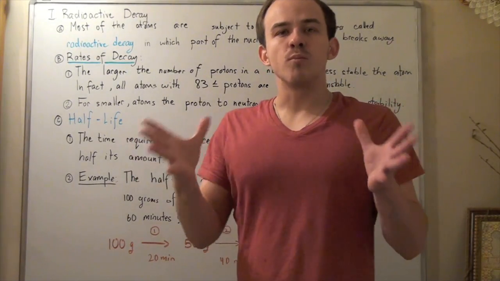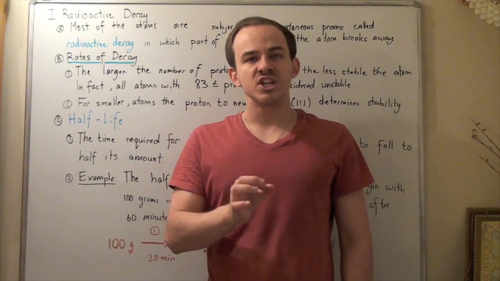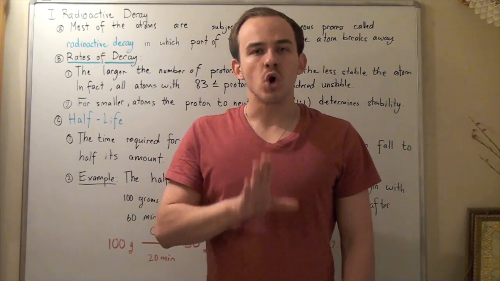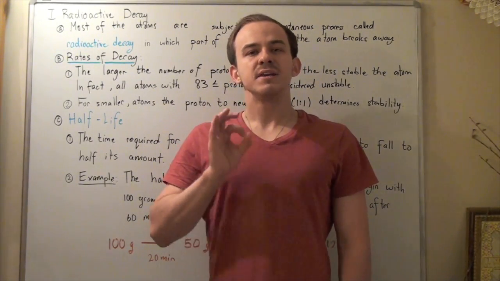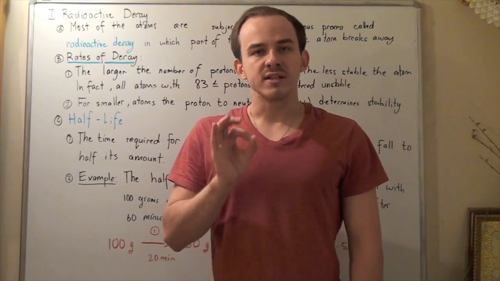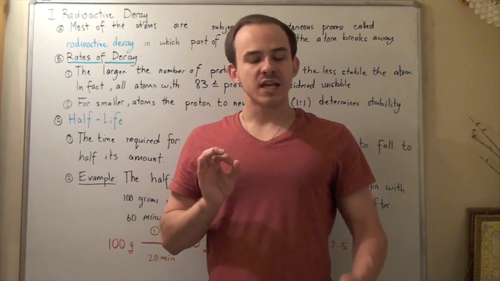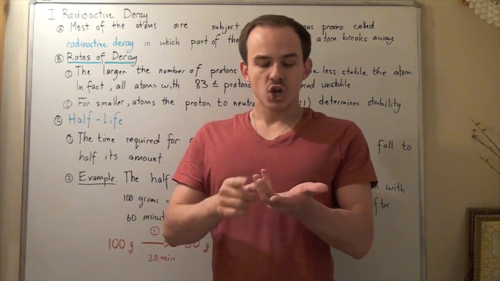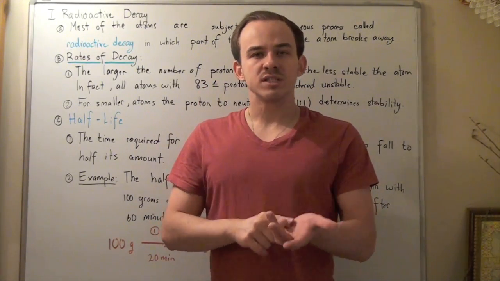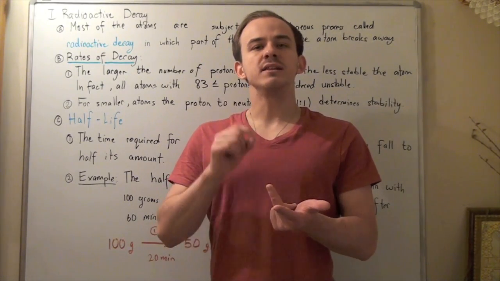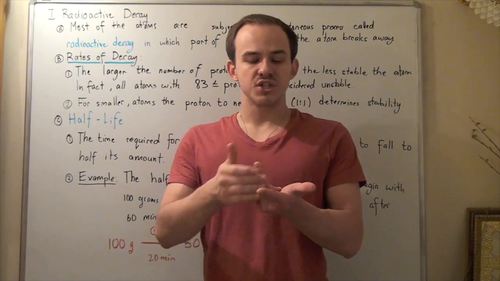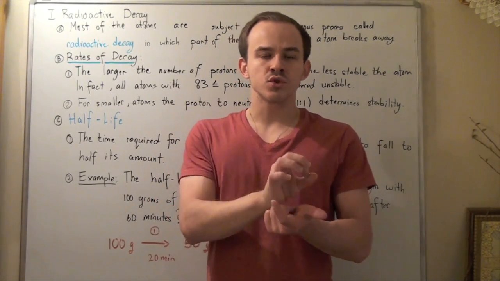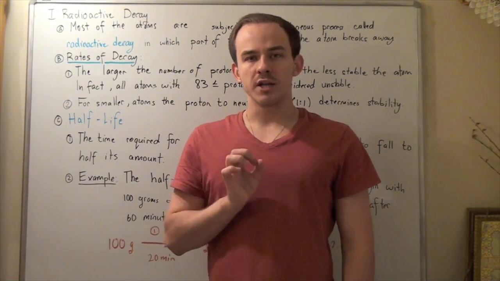In other words, for smaller atoms, if they have a ratio of protons to neutrons of 1:1, they will have a low rate of radioactive decay because they will be considered relatively stable. So it turns out that 3 things determine the stability of atoms. 1 being the number of protons found in the nucleus, 2 being the number of neutrons found in the nucleus, and 3, for smaller atoms, the ratio of protons to neutrons should be 1:1.